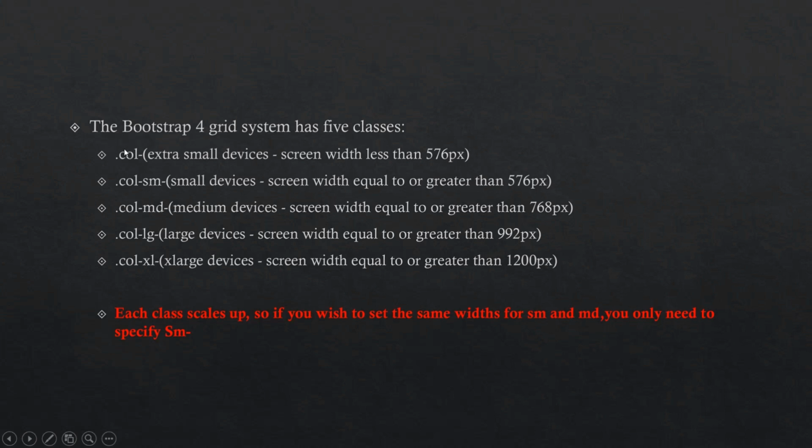In the second, there is .col-sm. For small devices I will use sm, for medium devices I will use md, for large devices I will use lg, and for the last one, extra large devices, xl.